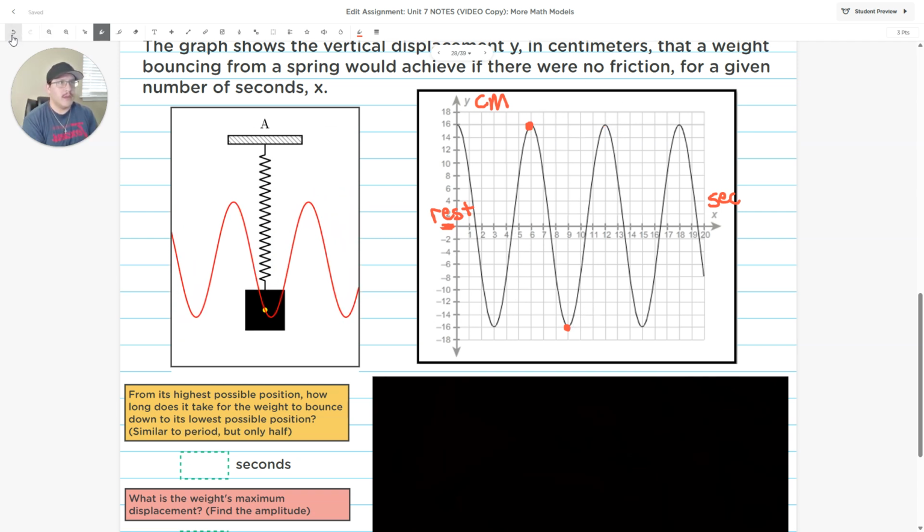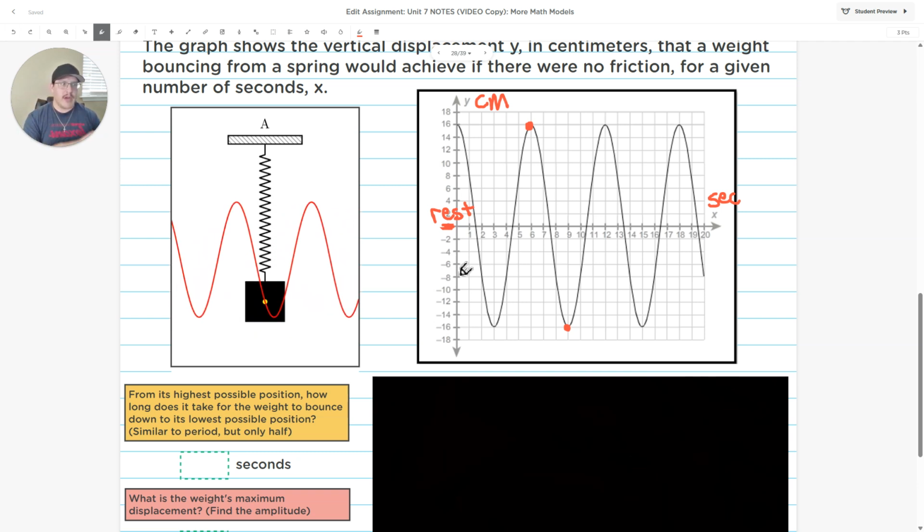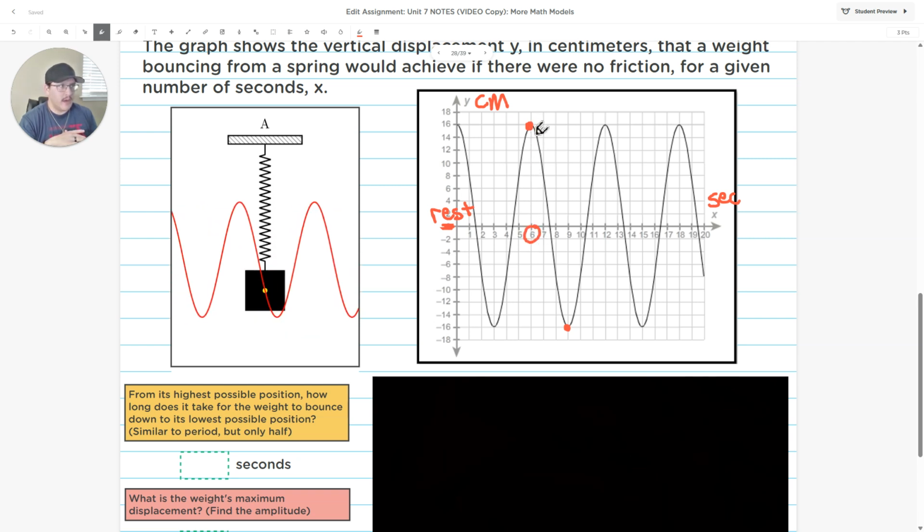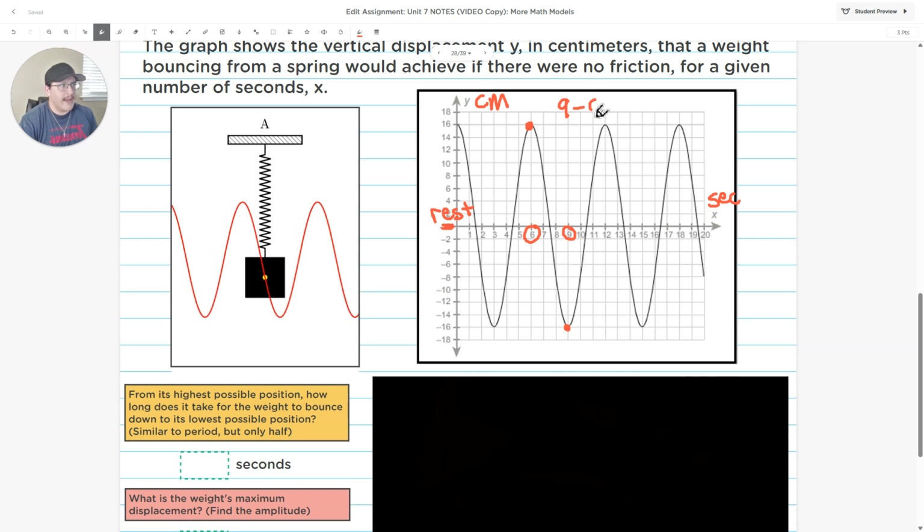So we take the x value of the highest point, which is about 6, and the x value of the lowest point, which is 9, and subtract them. 9 minus 6 equals 3.